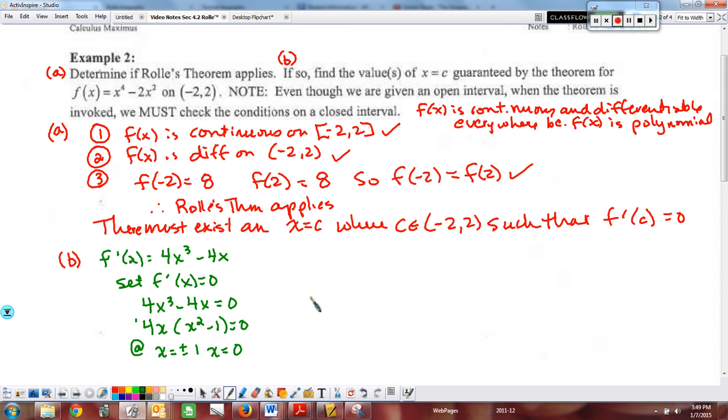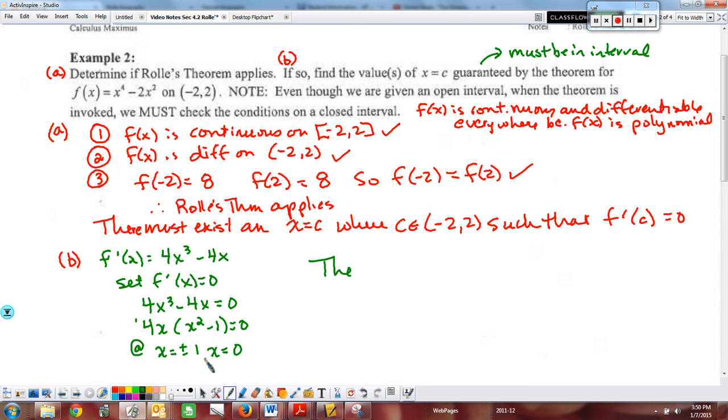Now, when you answer the question, we're trying to find the value, or maybe there may be more than one, values guaranteed by the theorem, which means that they must be in the interval. If you find values that make the derivative equal to 0, do not include them in your answer if they are not the ones guaranteed by the theorem.